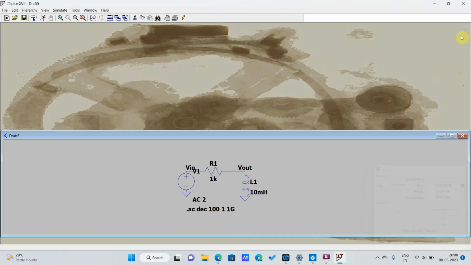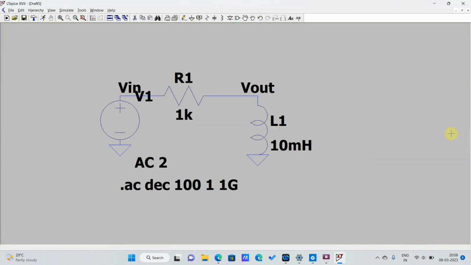Now we'll look at the frequency response for a series RLC circuit.